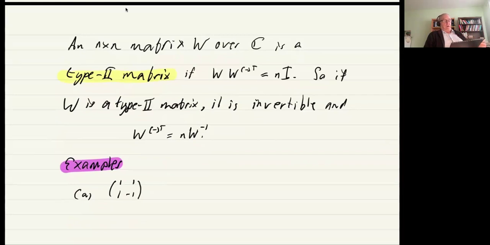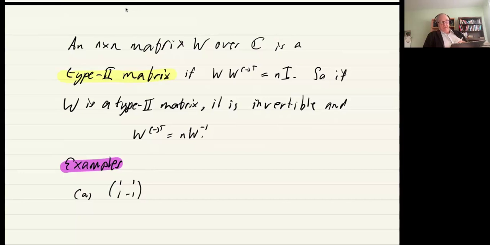So an n by n matrix W over C is a type 2 matrix if the product of W with the transpose of its Schur inverse is n times the identity. Let me just make a quick comment.